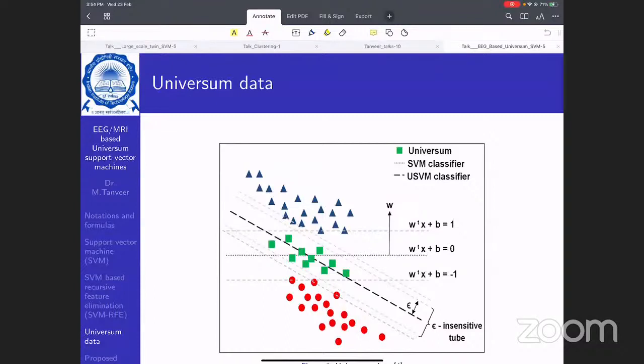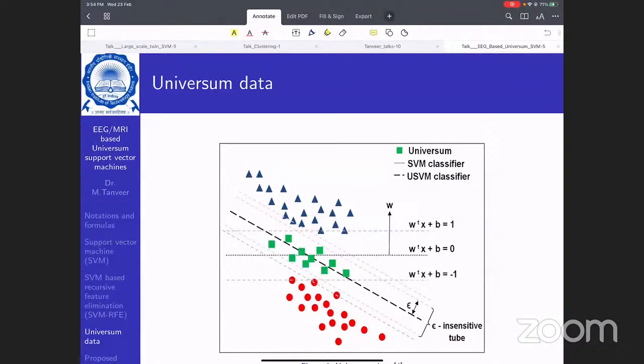So you are getting some extra, advanced information about the concept. In the same manner, we are using this universum data, meaning information about the distribution of the data.